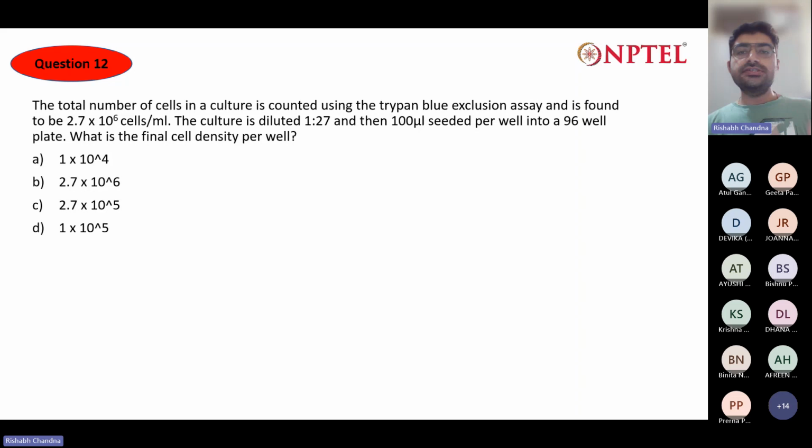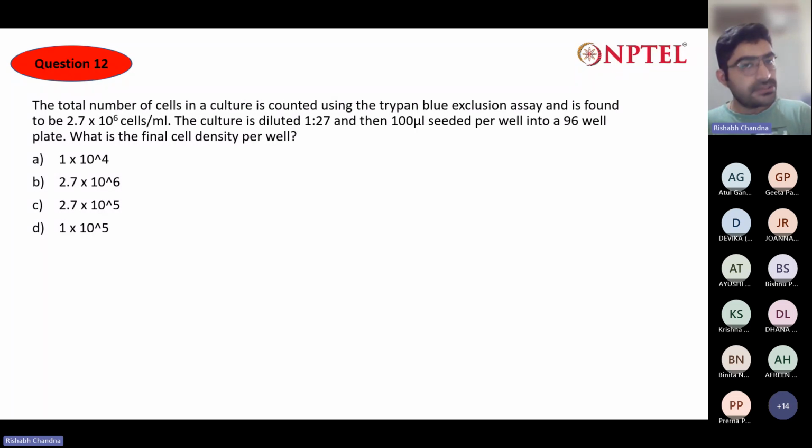So this is a calculation based question and we have to apply simple maths. It is related to cell counting as well as the cell seeding that we discussed in the last lecture. The question states the total number of cells in a culture is counted using the Trypan blue exclusion assay, a particular assay used to tell whether the cells are living or not, and is found to be 2.7 into 10 to the power 6 cells per ml.